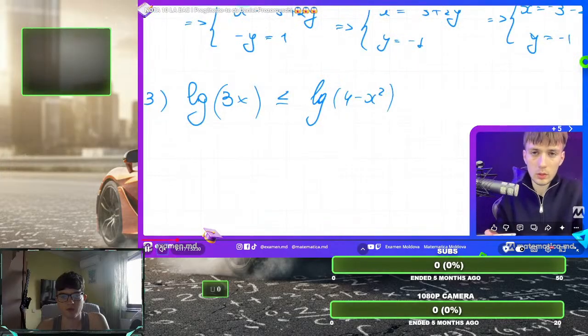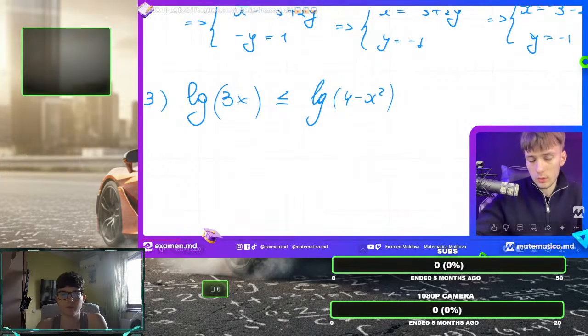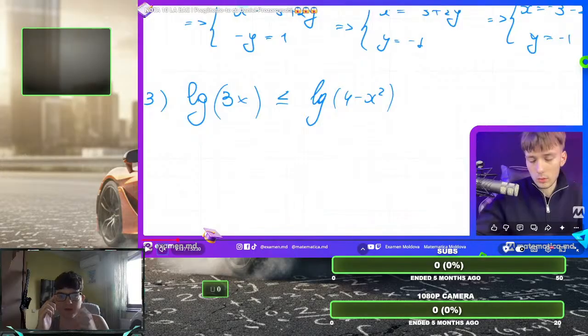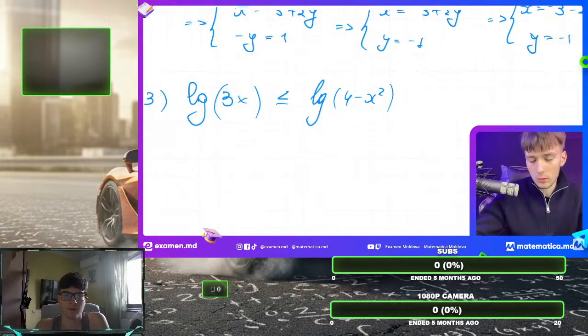Now we have to solve this inequation, which is a bit complicated. Here the domain of admissible values should be associated with what's in the parentheses, all to the basically bigger or equal to 0, and as it is lg, that's basically log to the base 10 of 10.